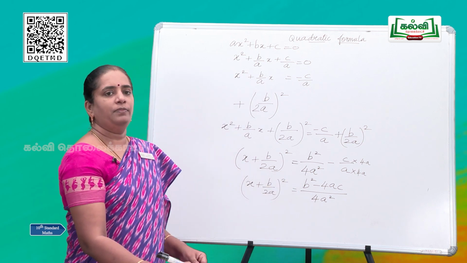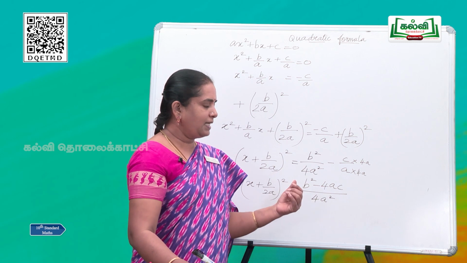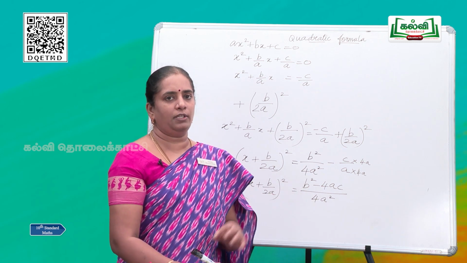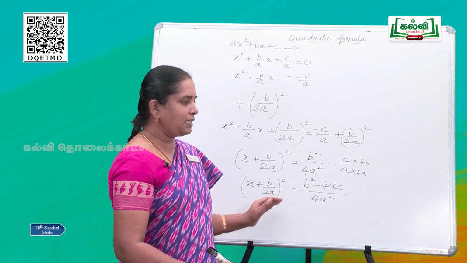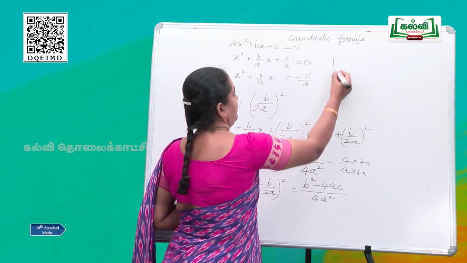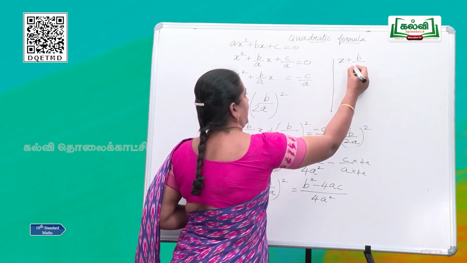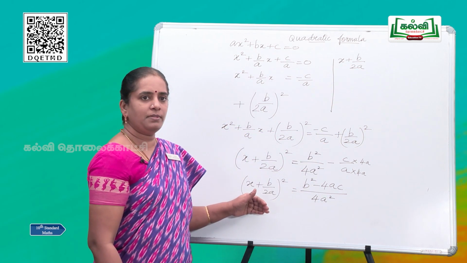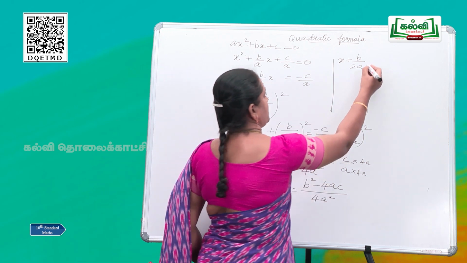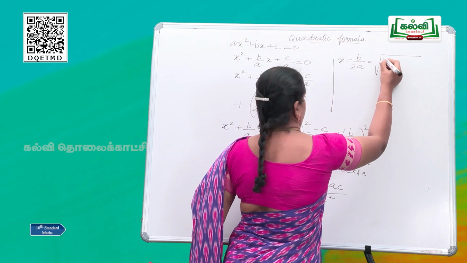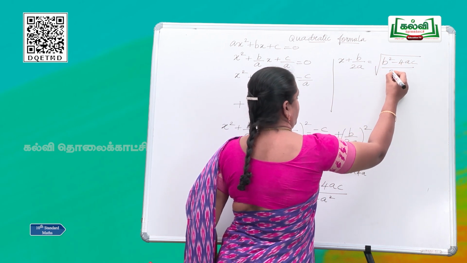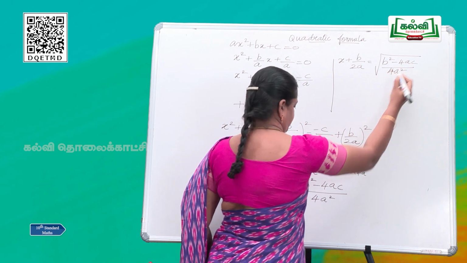What is the next step in the algorithm? First we have simplified. In the next step, we are going to take square root both sides. If you take square root both sides, the left side becomes x plus b by 2a. The right side becomes the square root of b square minus 4ac by 4a square.